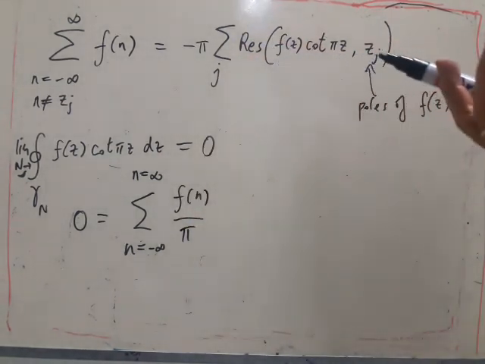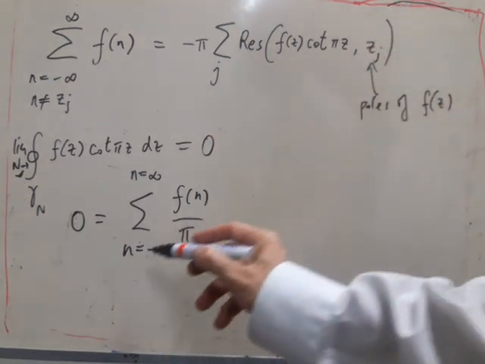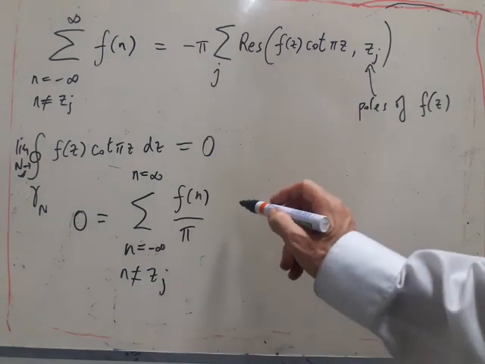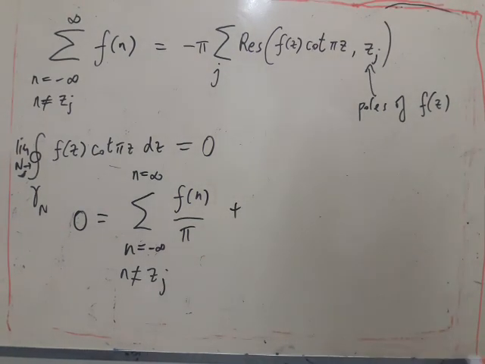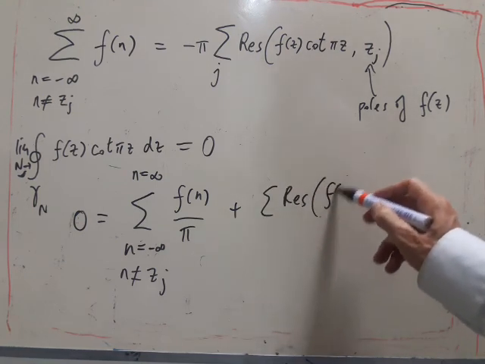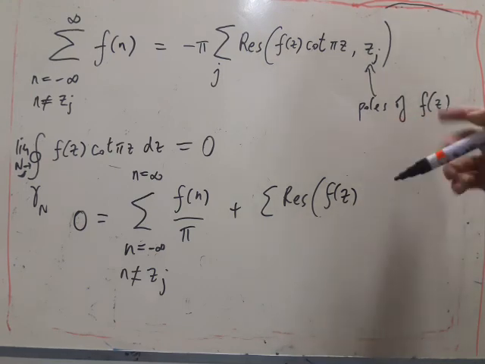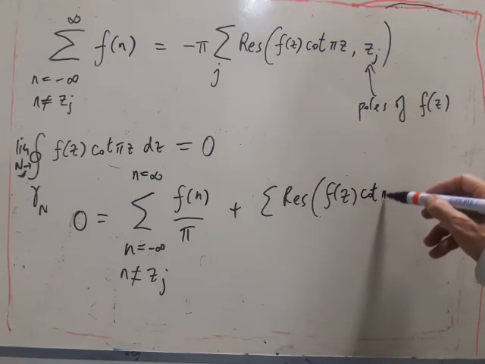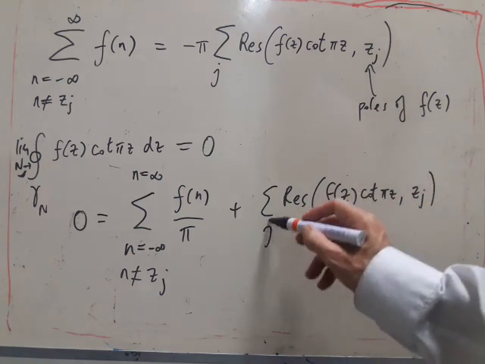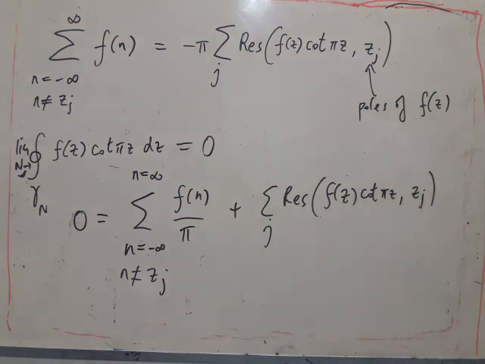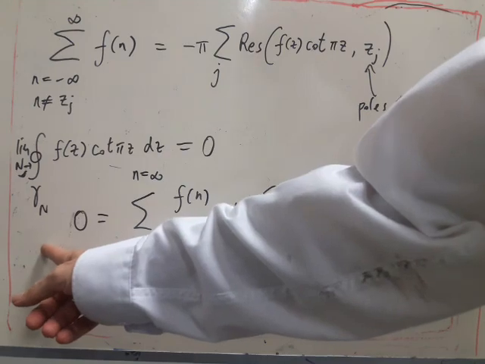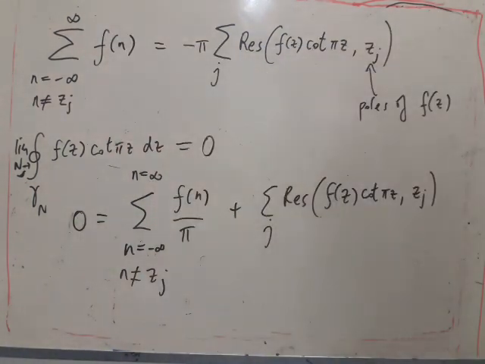We're not multiplied by 2 pi i because it's equal to 0. And this is n not equal to z_j. And then we're left with the sum of the residues of any of the poles of f of z. So if we simply move this onto this side and multiply by pi, we end up with this formula.